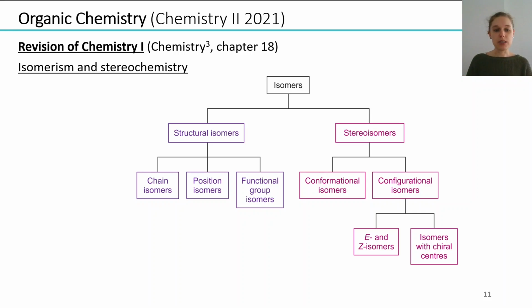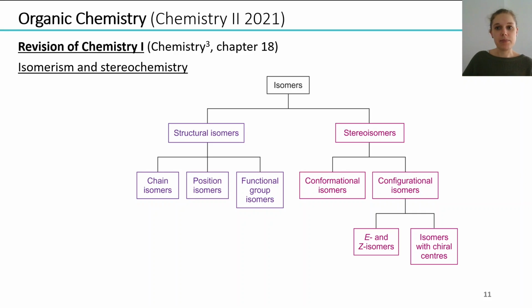And now we will start with the structural isomers, and here you can find a subdivision of structural isomers. So we have three different types of structural isomers. The first type is the so-called chain isomers, the second position isomers, and the third functional group isomers.